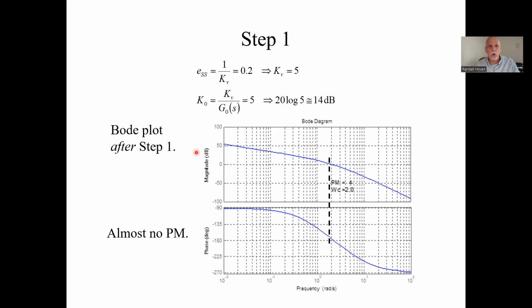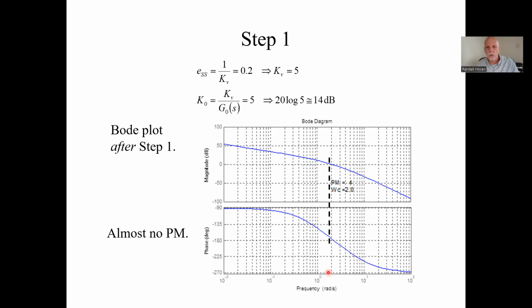So this is the Bode plot after step 1, after we find the K sub naught. Look at the 0 dB line, go to where the blue line crosses. I'm out here at almost exactly 2 radians per second.